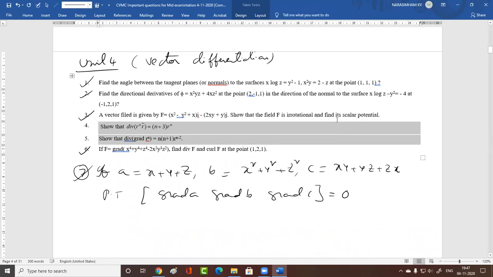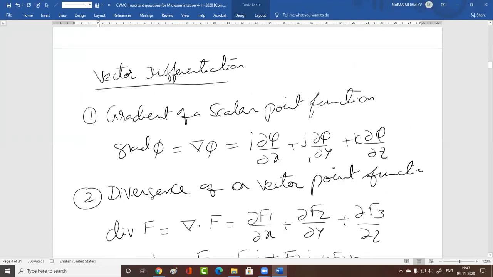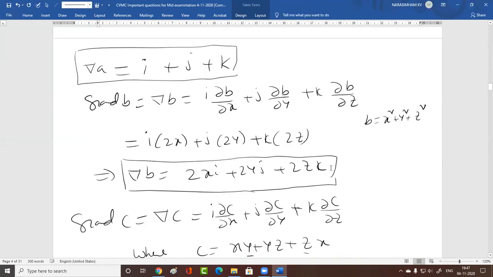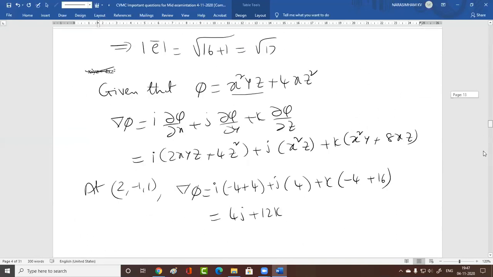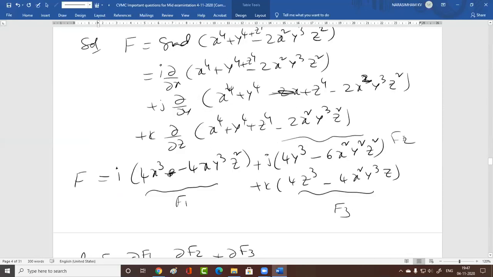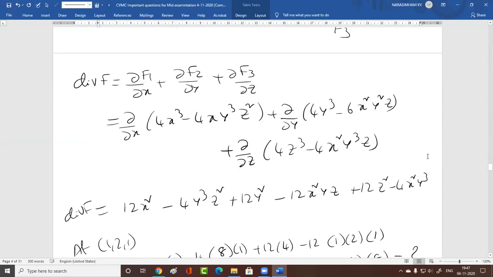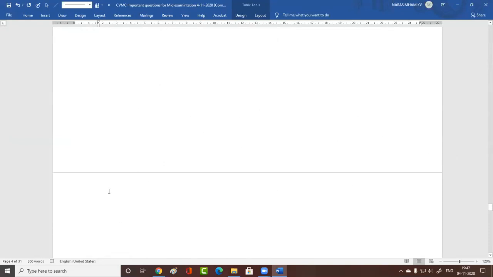I will copy both the questions, then we will discuss the remaining. So these 4 problems look similar.